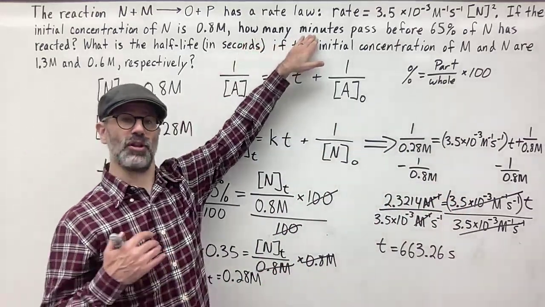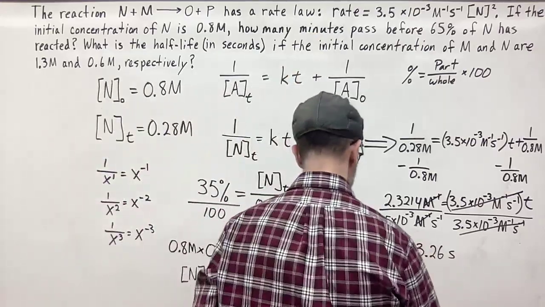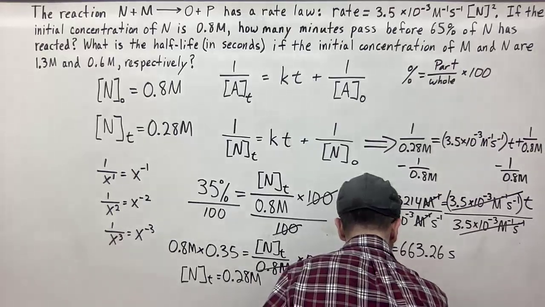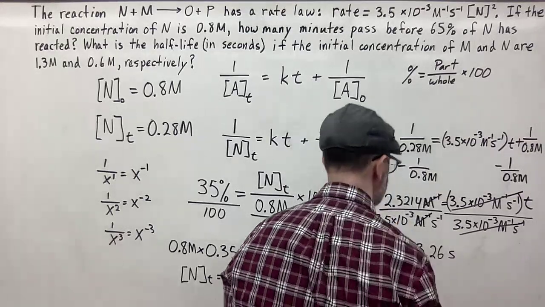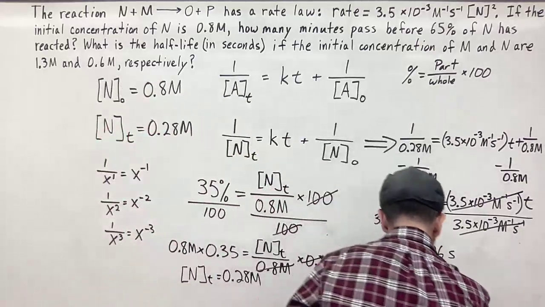But keep in mind that they want minutes here. So they're asking for how many minutes pass. So I'm going to have to convert this to minutes. So I take 663.26 seconds over 1. I'm going to use my conversion factor that 1 minute is equal to 60 seconds.